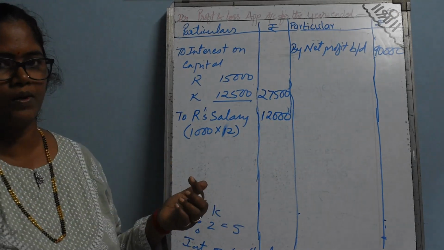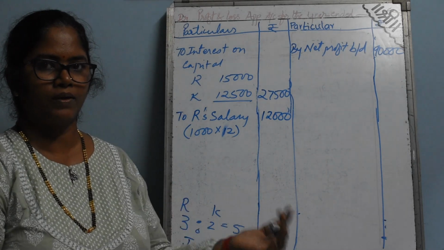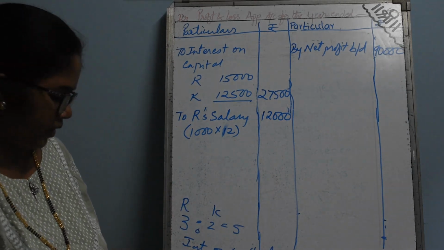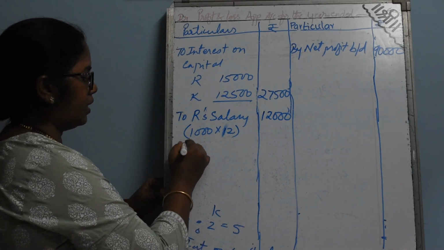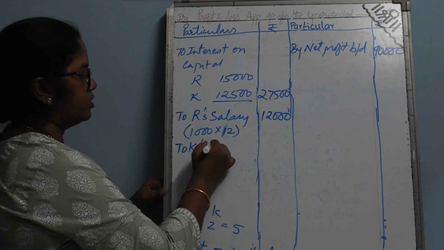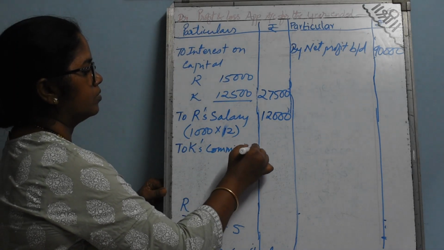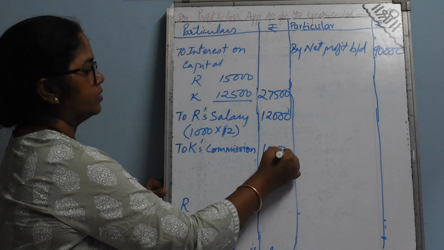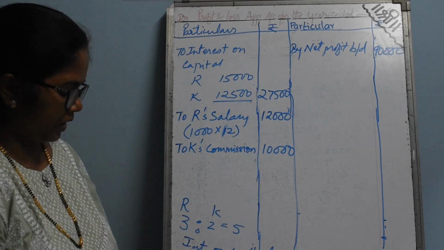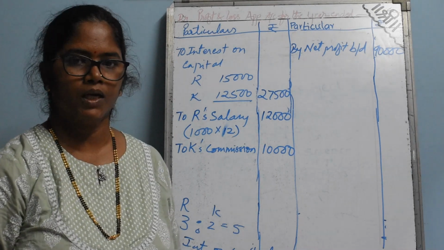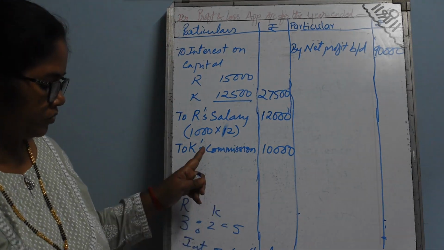If 12,000 was given directly per annum, then 12,000 we would take in the outer column. Next, commission to K. To K's commission, it is 10,000, directly in the outer column, because it is given for the full year.